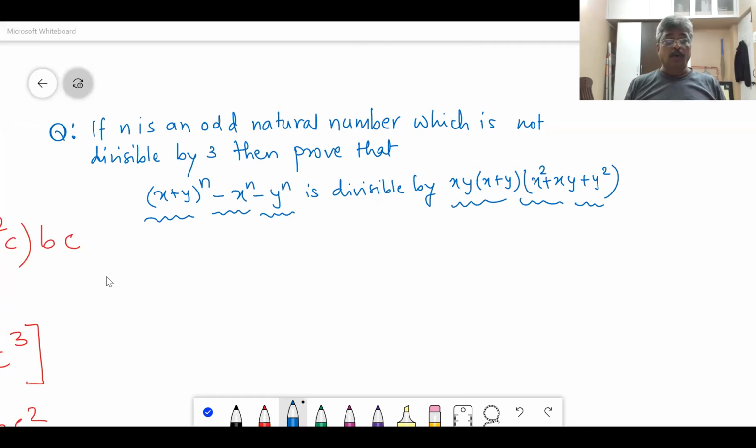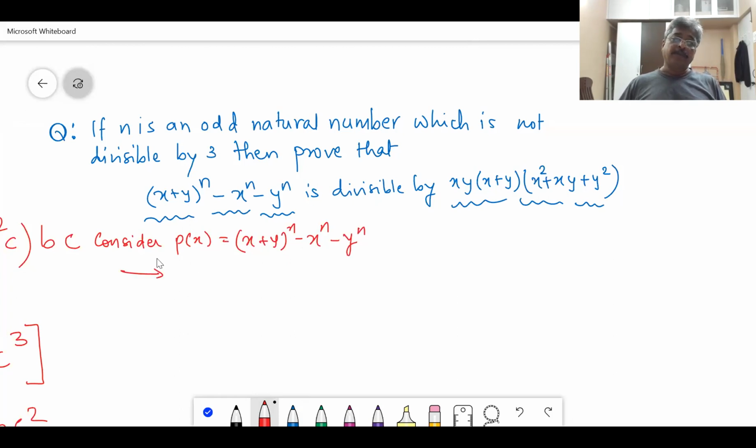Okay, so it is exactly the same way the way we have done the factorization. Consider p of x, polynomial in x, x plus y raised to n minus x raised to n minus y raised to n. Keep finding out different factors.